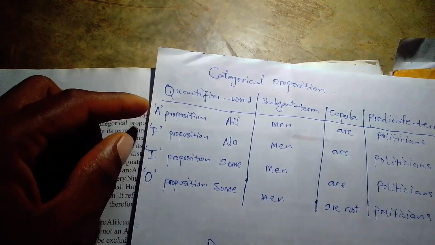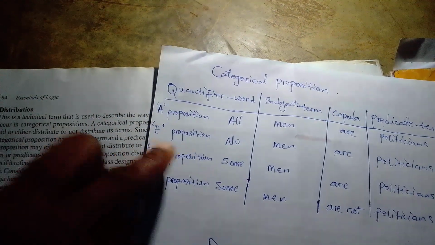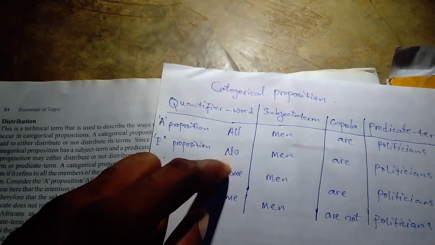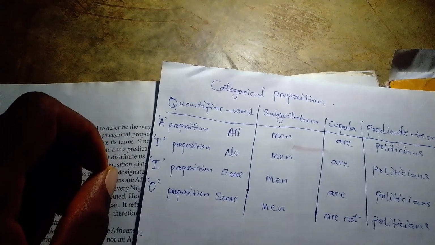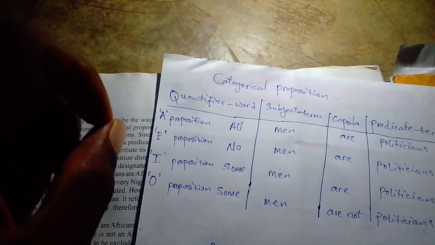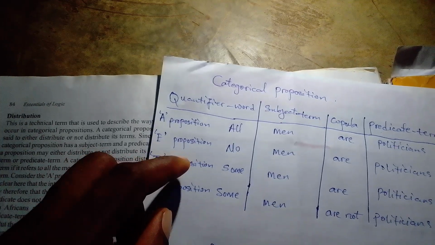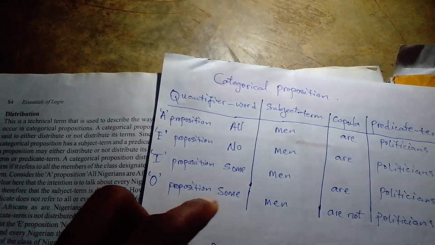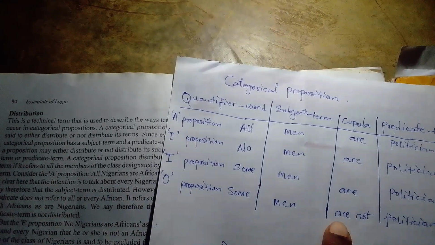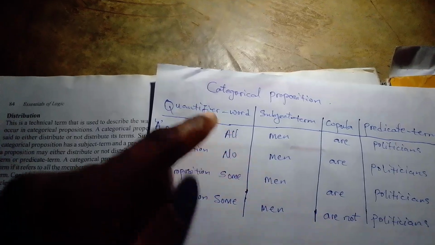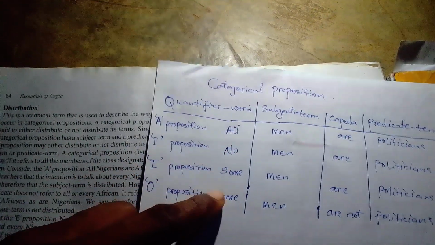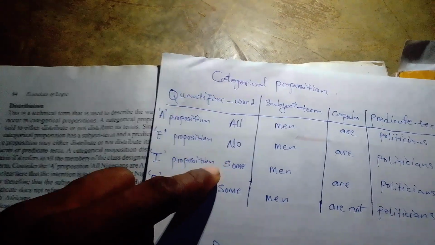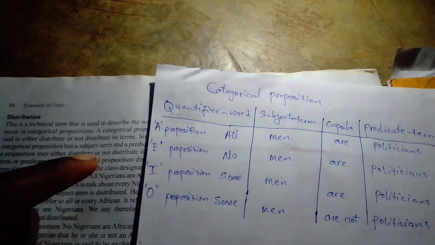So the quality of A proposition is affirmative, while E proposition makes use of no, which is a negation. Therefore its quality is negative. I proposition, some are, is affirmative. O proposition is some are not. It makes use of negation, which is negative.